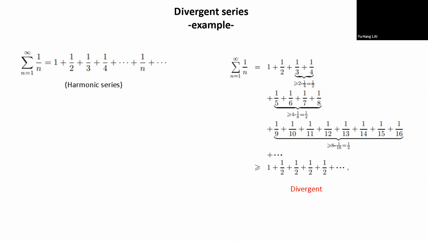You can see that each time you group the terms, you need more terms. You need 2 terms here, 4 terms here, 8 terms here, and next time you will need 16 terms. However, because this is an infinite series, after grouping or combining the terms, at the end this is still a series that consists of infinitely many terms.